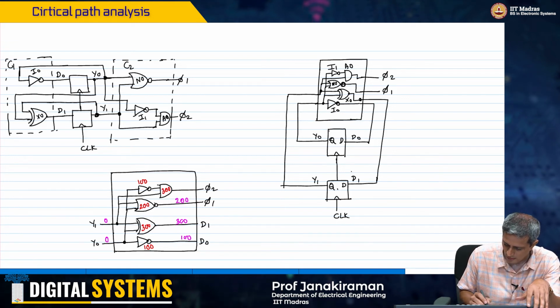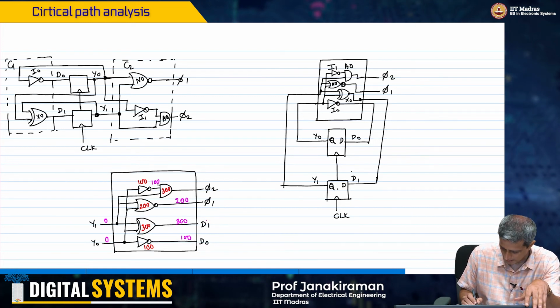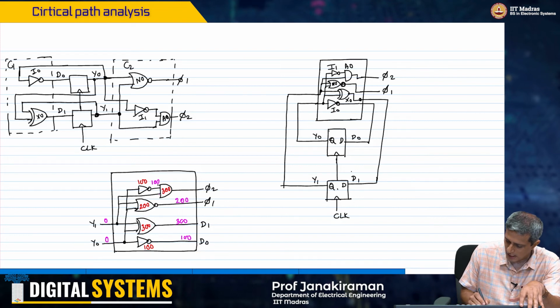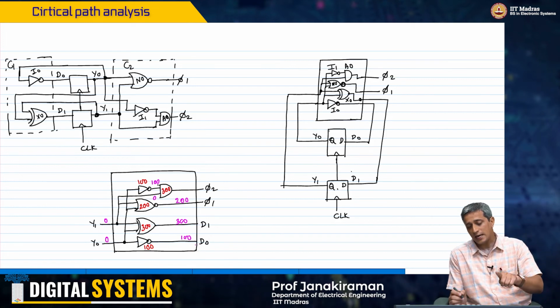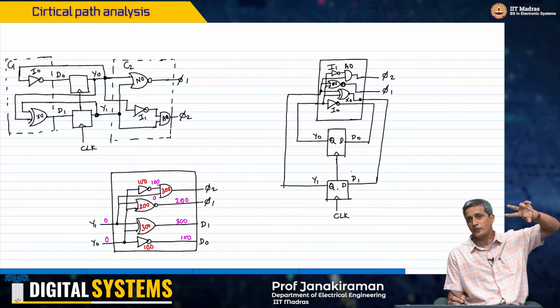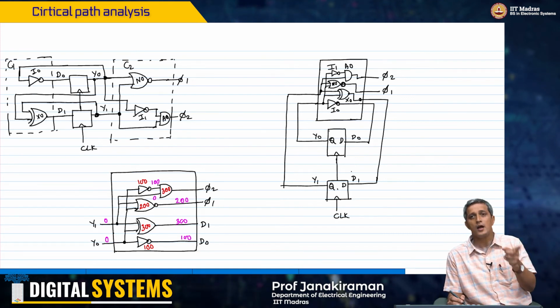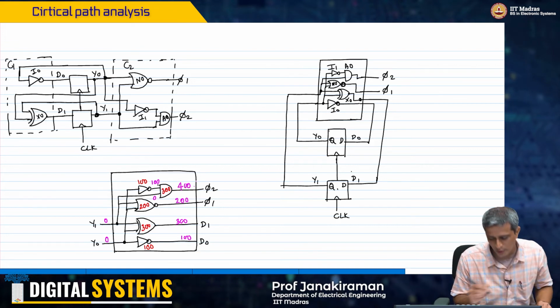Now, for the last thing, inverter I1 will allow the output to settle after 100 picoseconds, but the other input to the AND gate would have stabilized at 300. So the output of that AND gate will stabilize at the maximum of the arrival times of the inputs, which is 100 plus 300 picoseconds. So this will be 400 picoseconds.